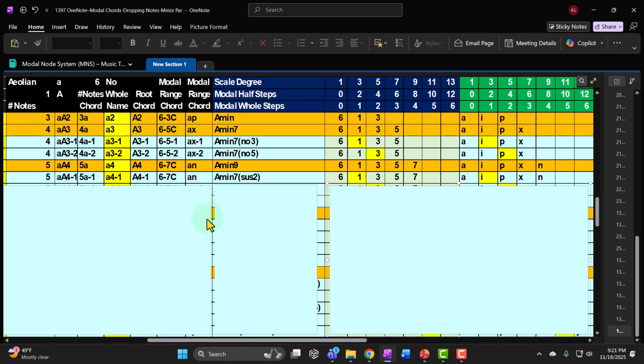Now that's pretty messy to think about theoretically because you could just coordinate it by saying it's a 5-note Aeolian -1 or an Aeolian 4 -1, meaning there's 4 modal whole steps to the last note, and then drop the 1 just from a coordinate system, that's 1 modal whole step up, which would be 2 modal half steps or the 3rd scale degree.